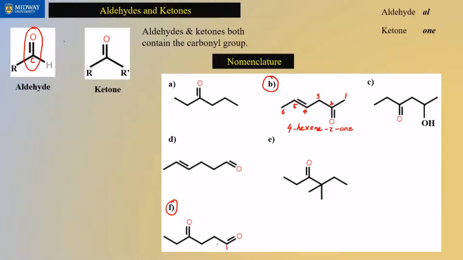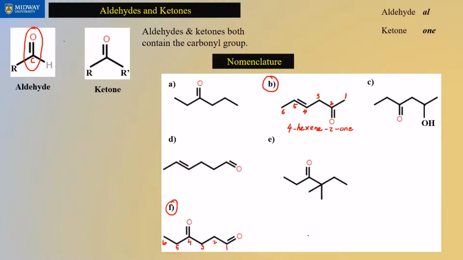So we start from this side. So 1, 2, 3, 4, 5, and 6. So again, we have a 6-carbon compound in the longest chain possible. Some of you were numbering here. If you remember, don't do that. You don't number the oxygen. So that's hexanal, right?